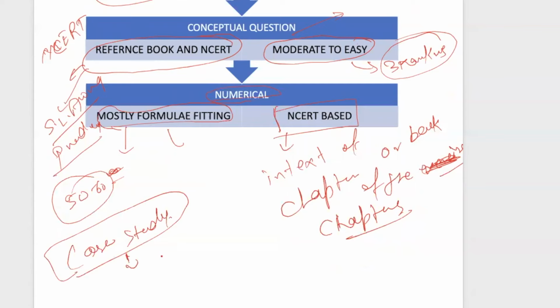If you already know what a mirage is, how a mirage is formed, and what TIR is, then you can easily solve all the questions after reading the comprehension or case study. Sometimes they even give questions on the basis of data, so you can easily attempt it.